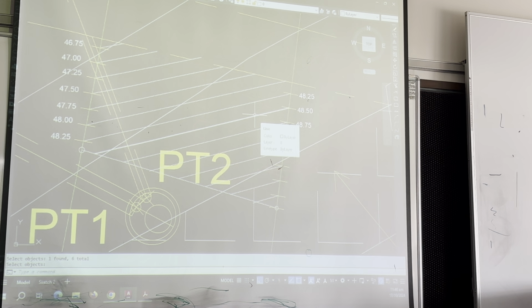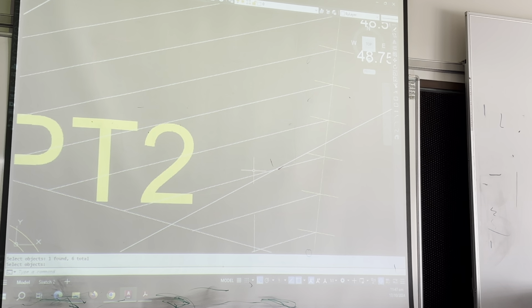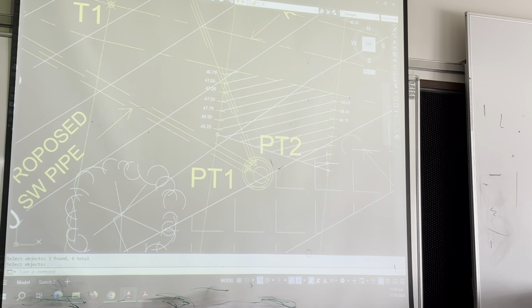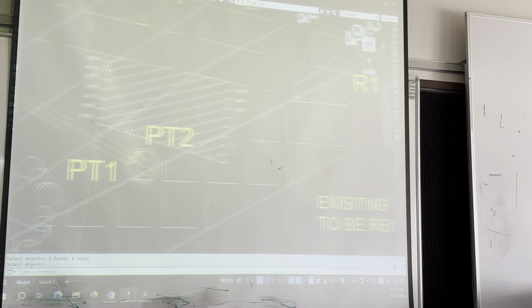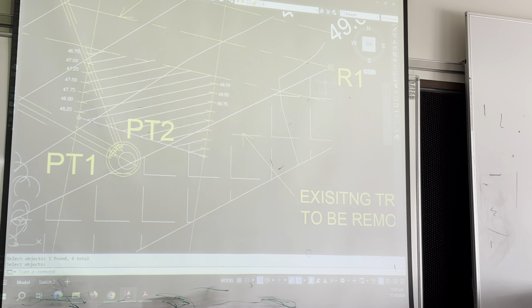You can see that they will continue on to the last one at the top. Now, where the path stops, I would suggest we're going to have to cut into that a little bit to form our last batter slope.